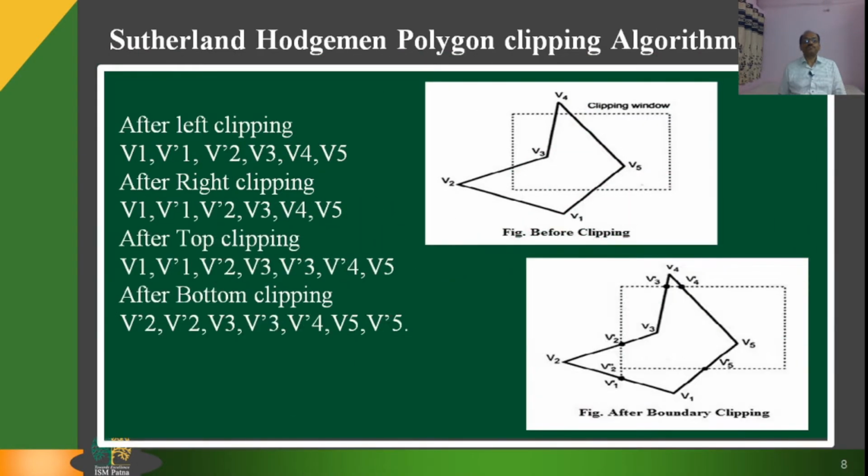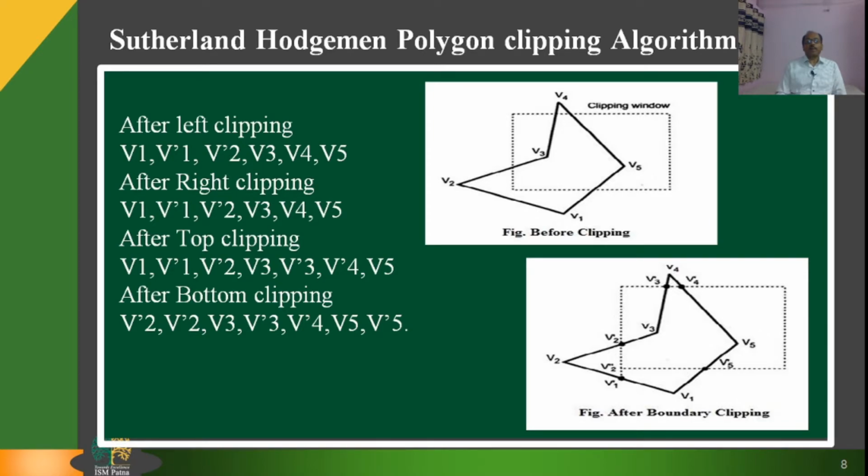Thus, we find the clipped polygon. You are viewing two figures on the screen. The first one is before clipping and the next one is after clipping. So, after left clipping the polygon's vertices will be taken as V1, V'1, V'2, V3, V4, V5.